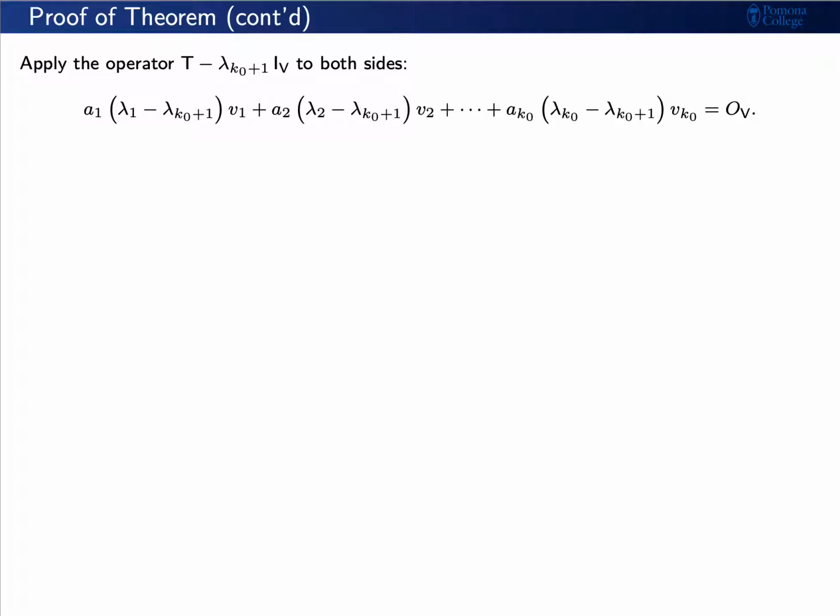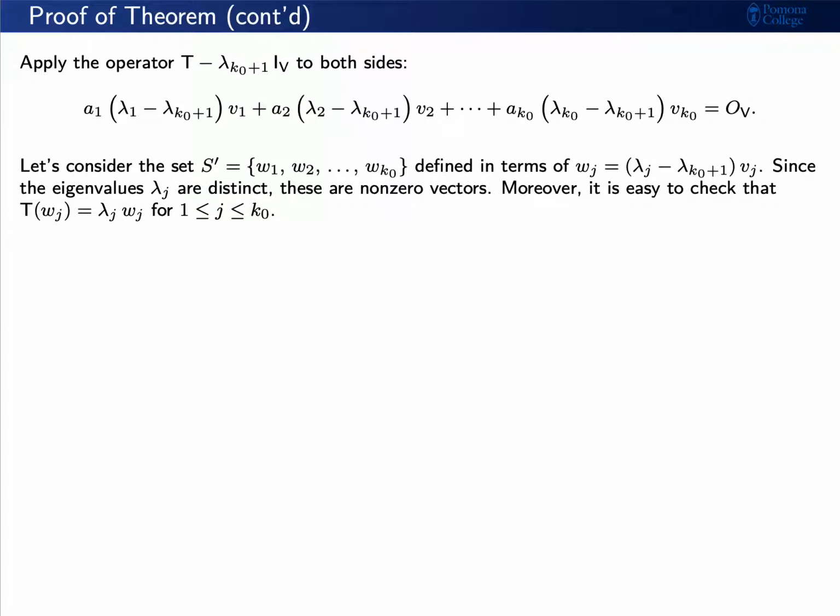Of course, when j equals k0 plus 1, this operator applied to that vector is just the zero vector. So really we've eliminated everything except for the first k0 vectors.